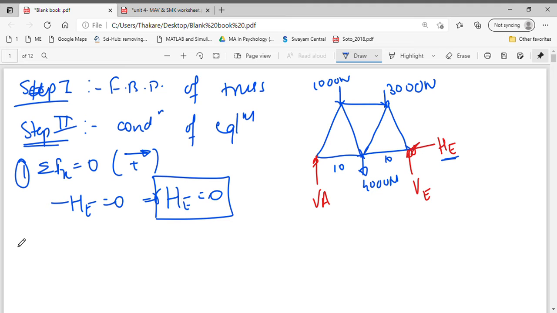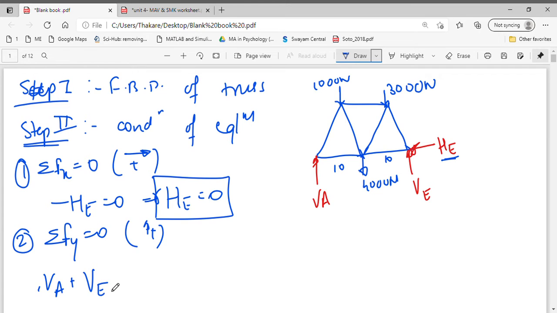Then we have another condition, which is summation of forces in y equals 0. By considering upward acting forces as positive, we have VA, which is acting in the upward direction, so that will be positive, plus VE, which is also acting upward, so we consider that as positive, and three forces acting in the downward direction, so minus 1000, minus 3000 and minus 4000 equals 0.